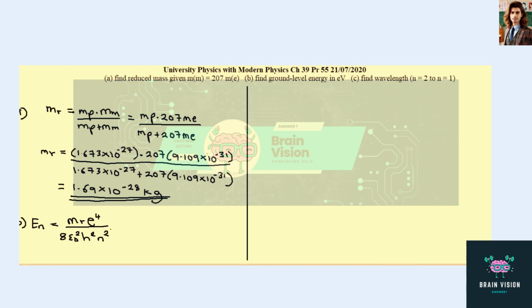Now, if you look at this formula carefully, it seems to bear some semblance to the formula that gives the ground state energy of a hydrogen atom. In order to make that more clear, I will be multiplying both sides by the reduced mass of the hydrogen atom.